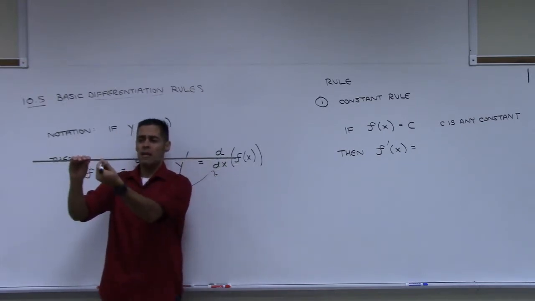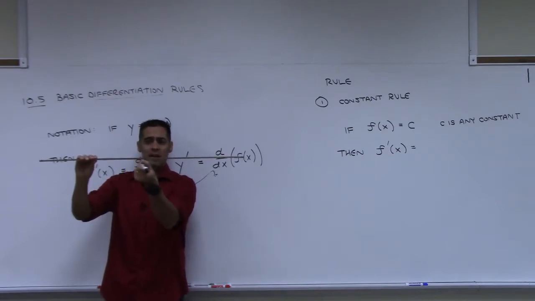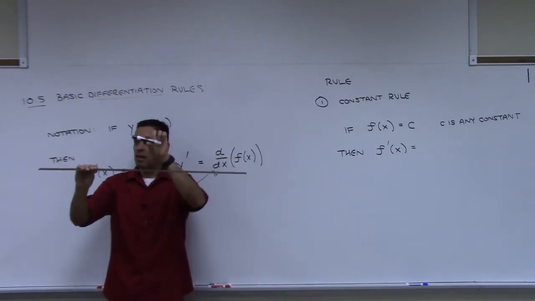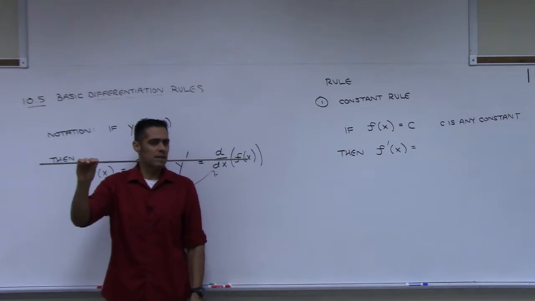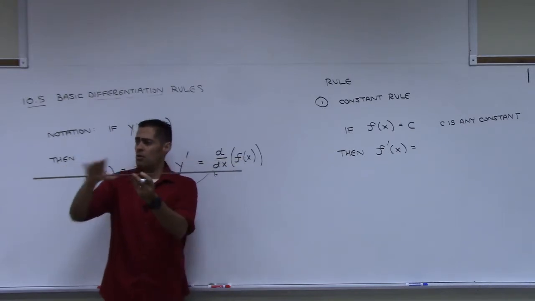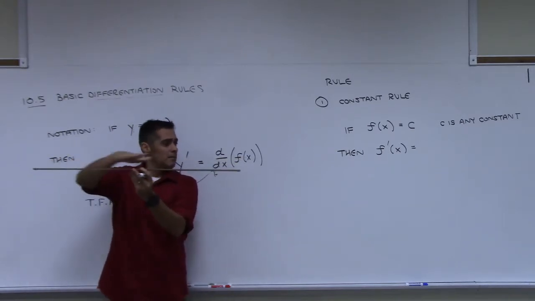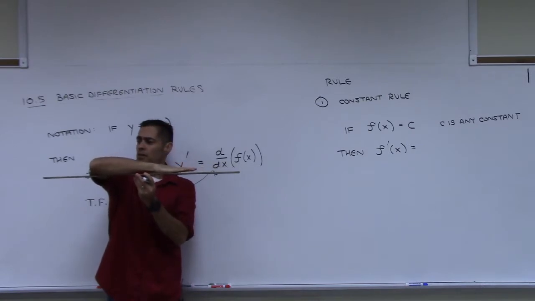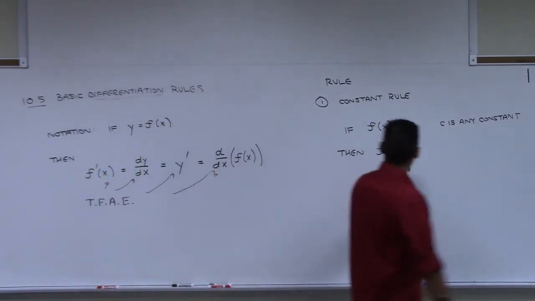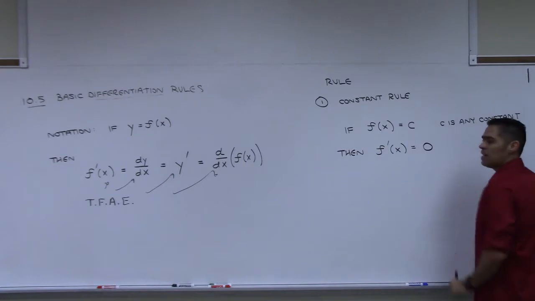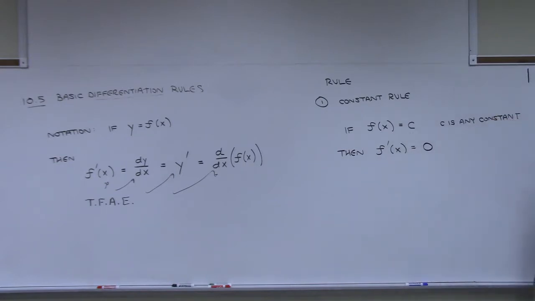And if I ask you to look at any point on this line, and tell me the slope of the tangent line, what's the slope of the tangent line going to be? 0. Because horizontal lines have a slope of 0, don't they? So that's the answer. The derivative of any constant is 0. With me? Got it? Okay, that's the first rule.